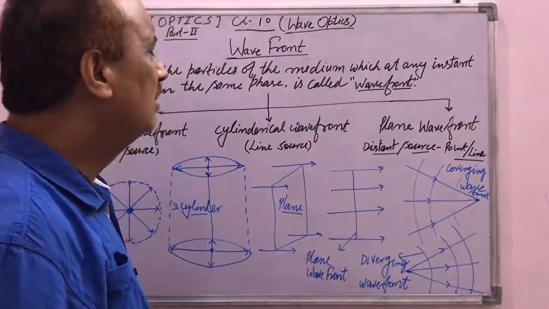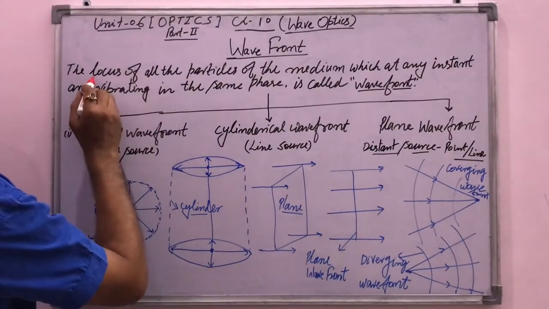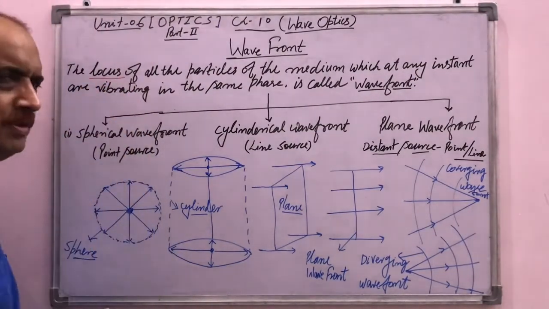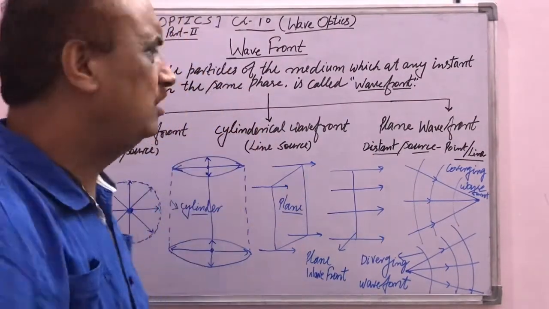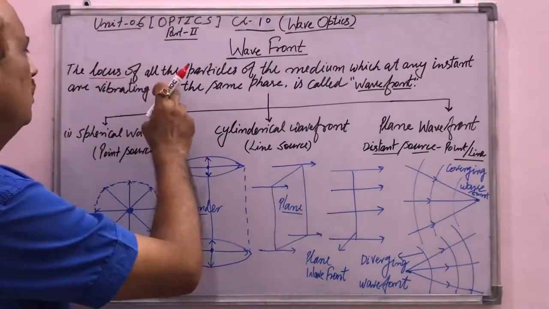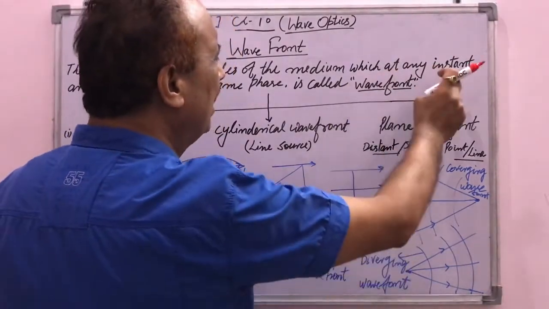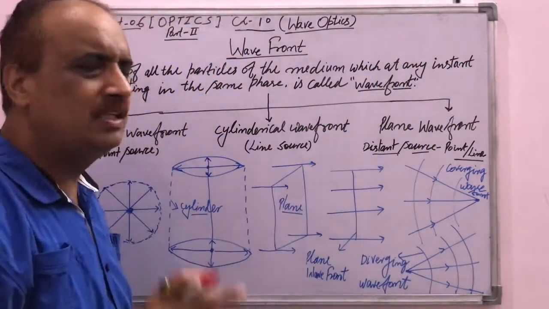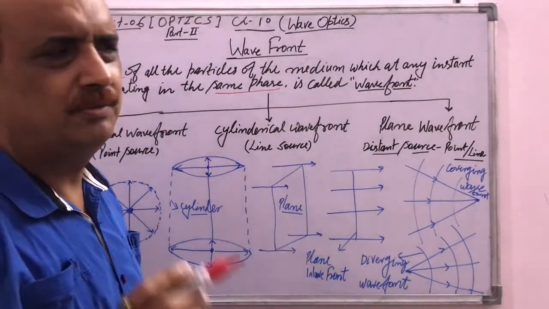Locus means the tracing line or tracing path at which the particles are vibrating in the same phase at any instant of time. So the locus of all the particles of the medium which at any instant are vibrating in the same phase is called wavefront.